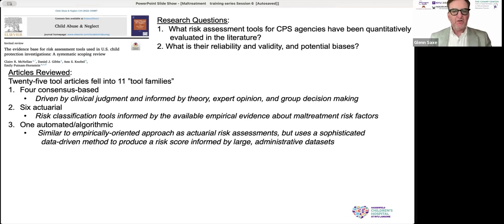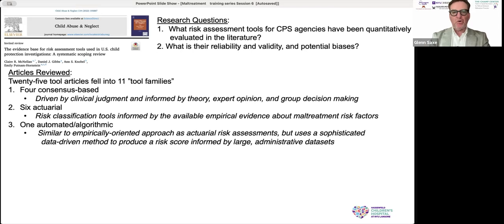It's similar to the actuarial, which is an empirically oriented approach, but uses sophisticated data-driven methods to produce a risk score based on large administrative data sets. So they're focused on child welfare administrative data sets, and using methods. But one thing is the methods used are entirely predictive.